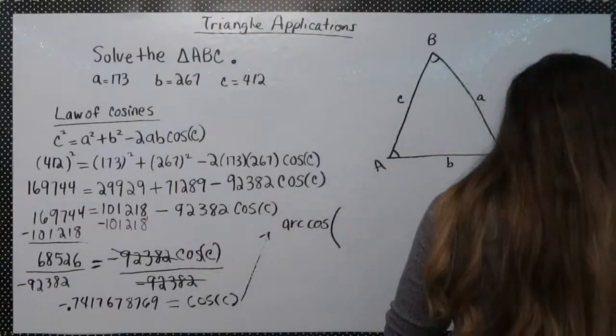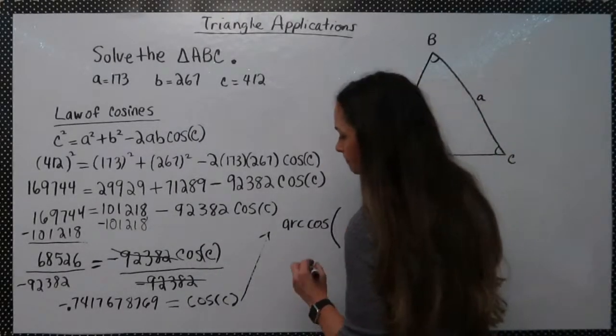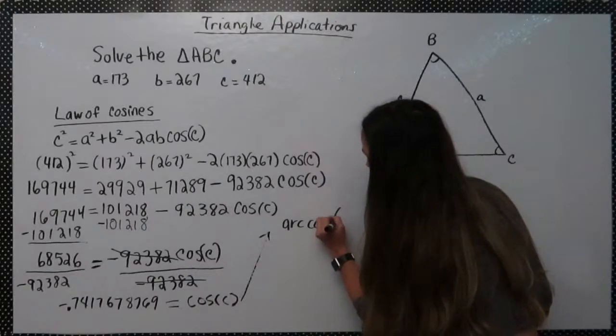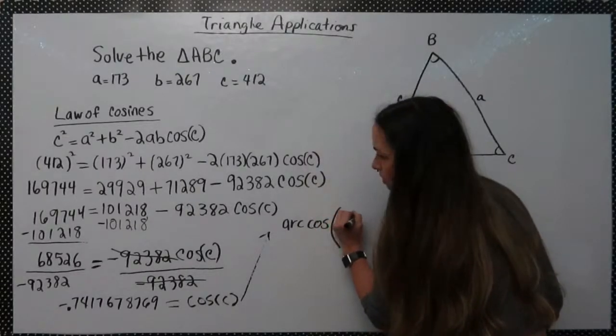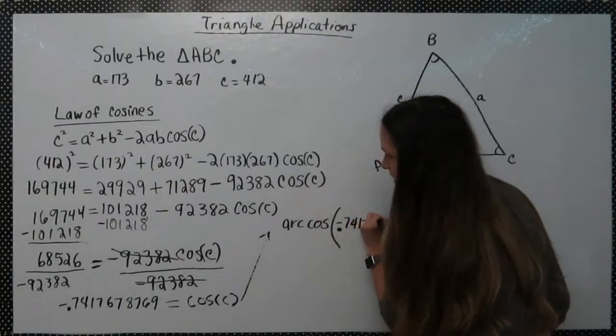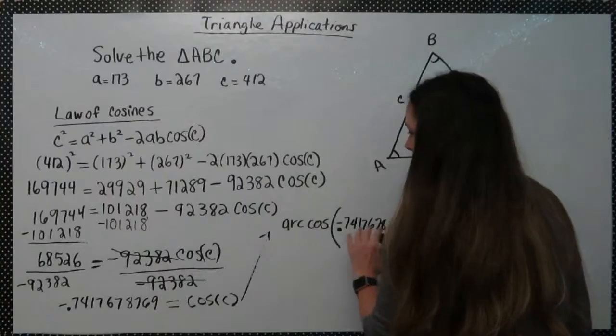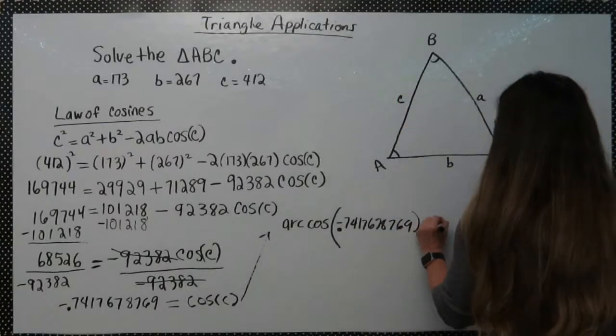Remember, when you're using inverses, you're swapping out your domains. So we're going to put this negative 0.717678,769. And that's going to equal C.